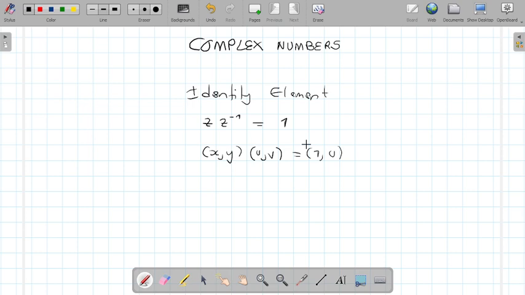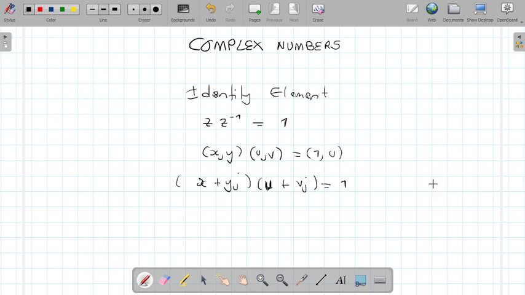Let me transform the notation a little bit: x plus yj multiplied by u plus vj, and this is just 1 because the imaginary part is 0. Now, how do you multiply two complex numbers? Multiplying two complex numbers is very simple. You just assume that you're multiplying real numbers, the same way you multiply these things.